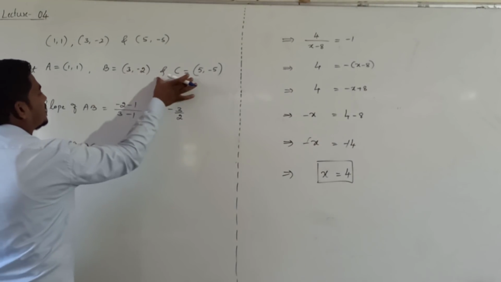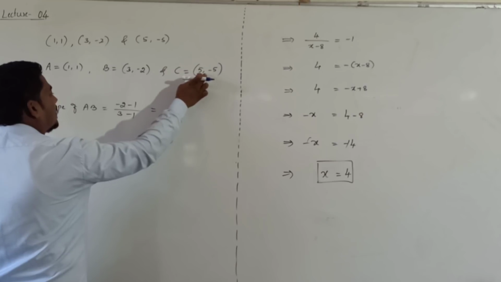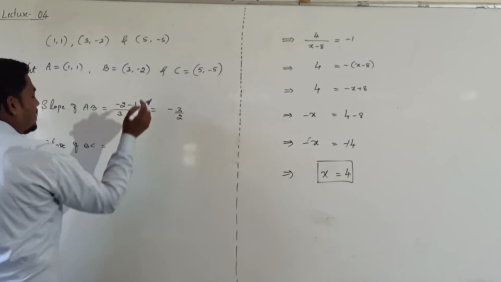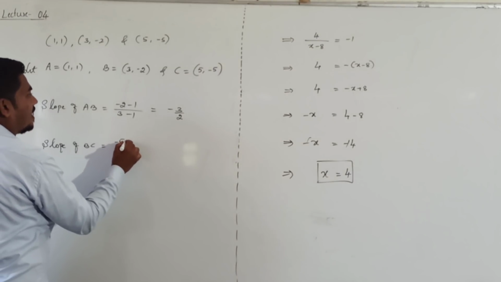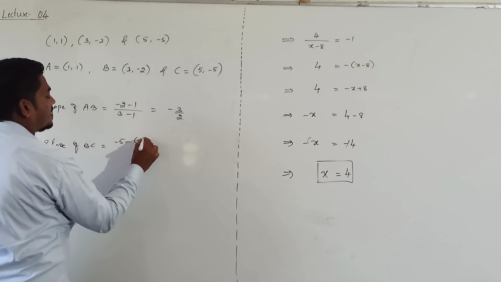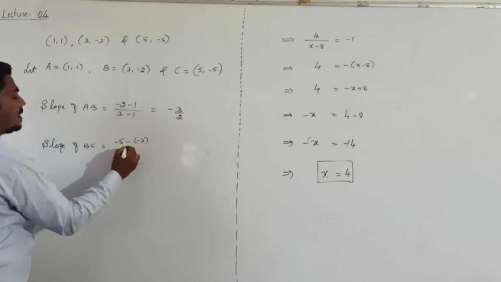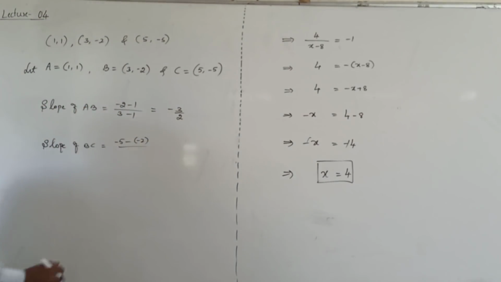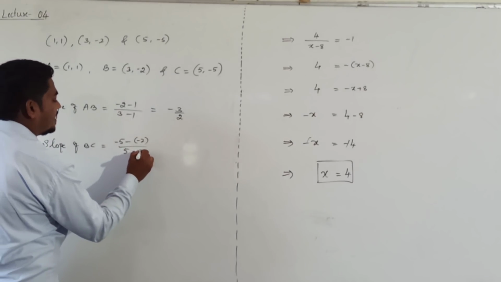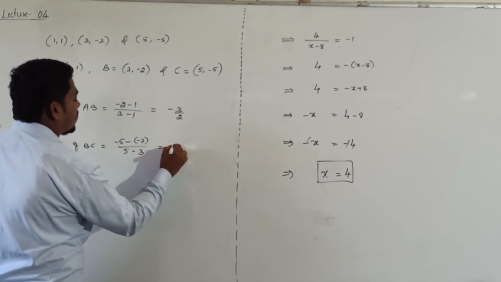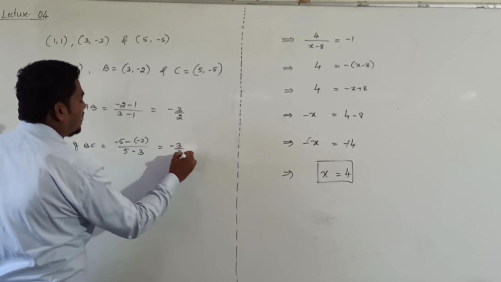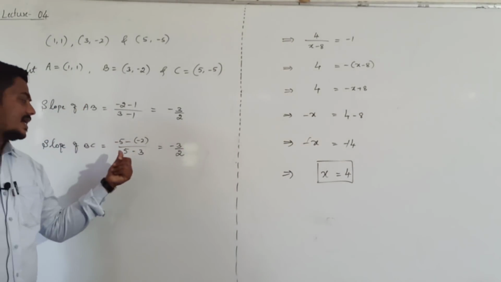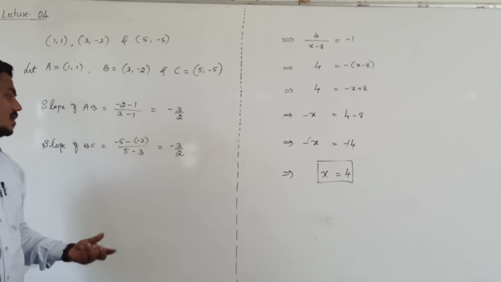Consider these two points, x2 y2 and x1 y1. y2 minus y1, minus 5 minus of minus 2, whole thing divided by x2 minus x1, 5 minus 3, that's equal to minus 3 divided by 2, because minus 5 plus 2 is minus 3, divided by 5 minus 3 is 2.